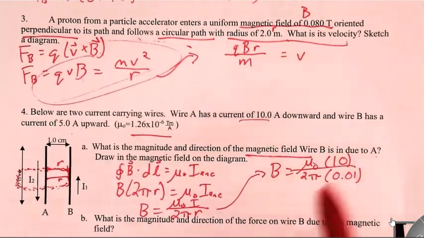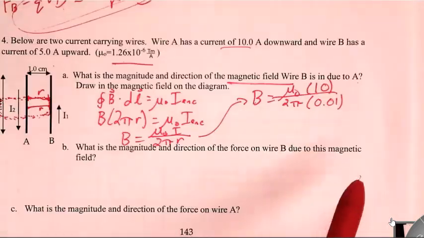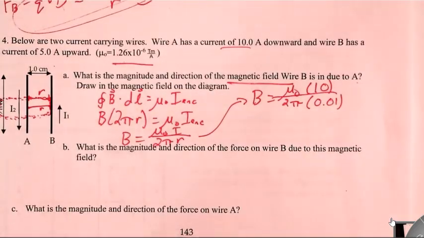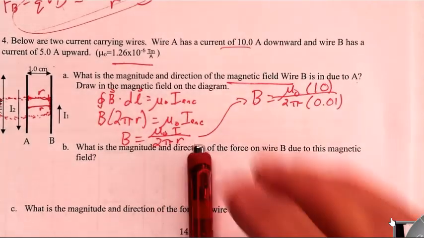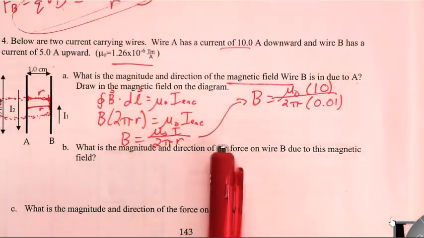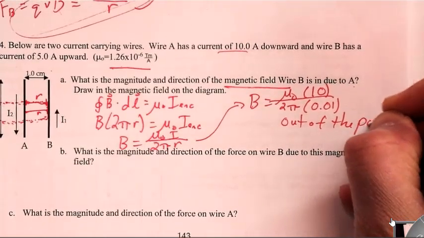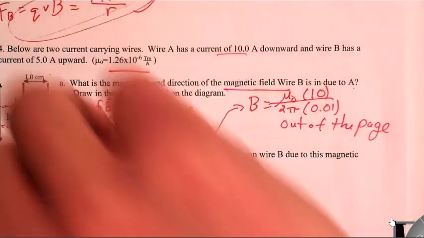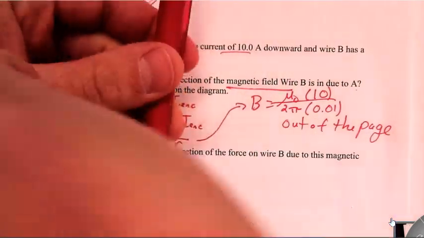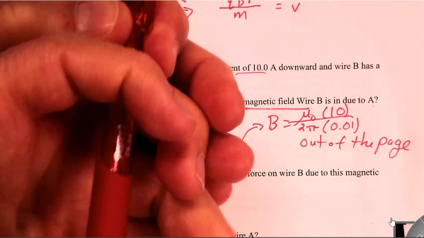So if you just plug that in, you'll get an answer. Now, what direction is it? Again, with the right-hand rule, it's out of the page. Out of the page. So your thumb is the direction of the current, and then you wrap your fingers around the wire, and we're out of the page on this side.